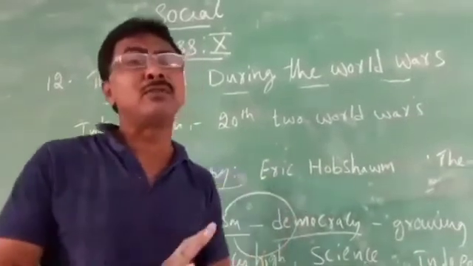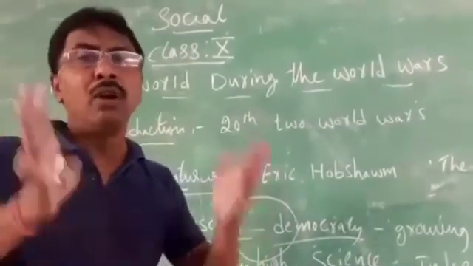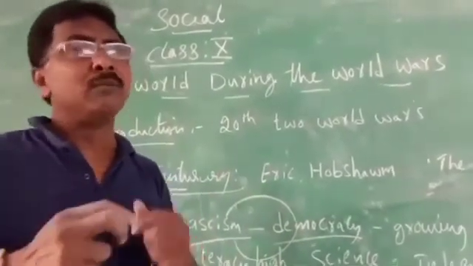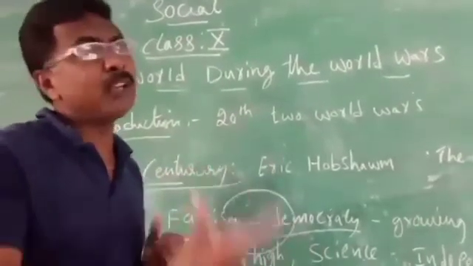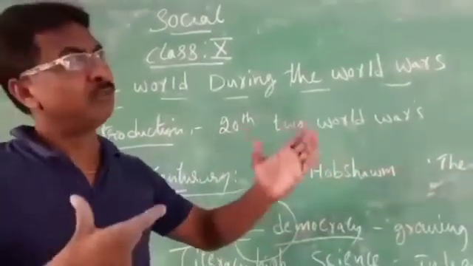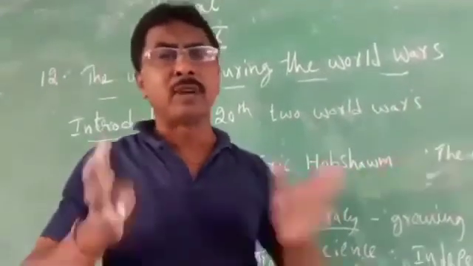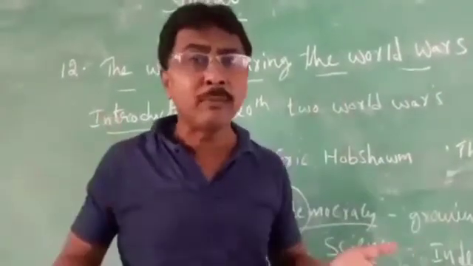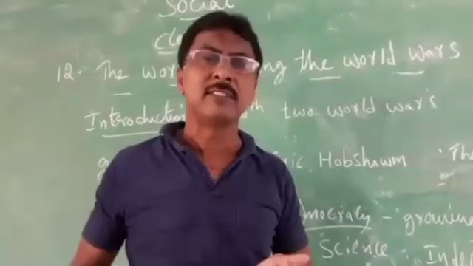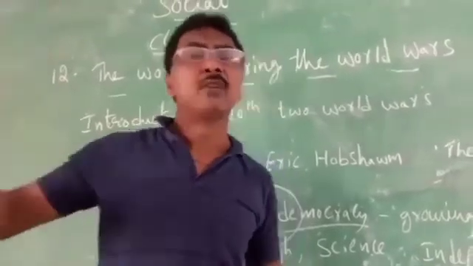This is the main reason to cause the war. The world was divided into two means some developing countries became one side, means they industrialized. How did they develop? They started constructing industries and manufacturing goods in the industries.